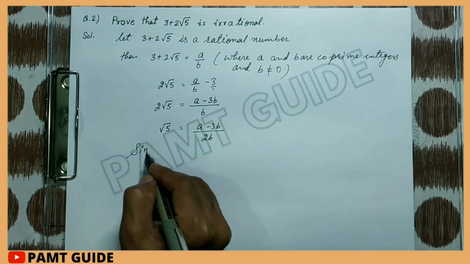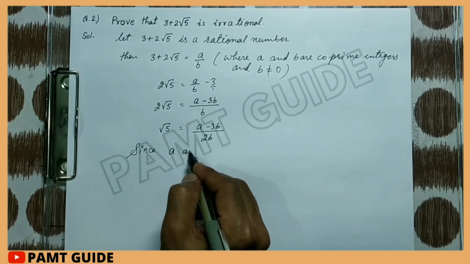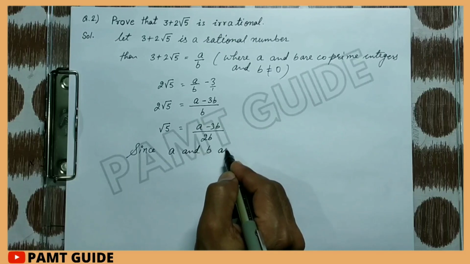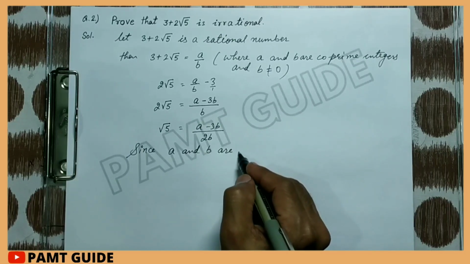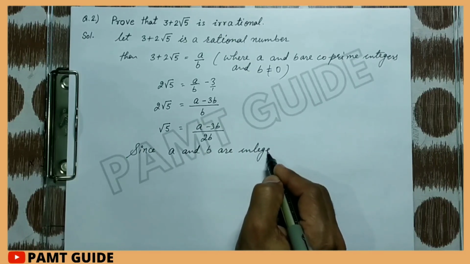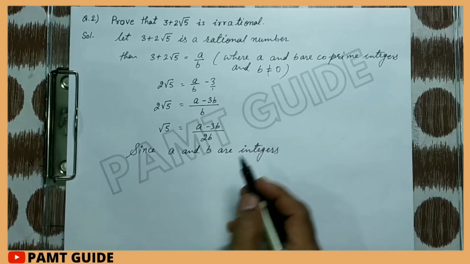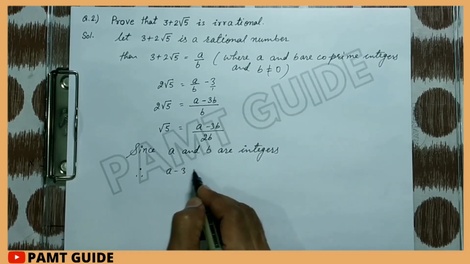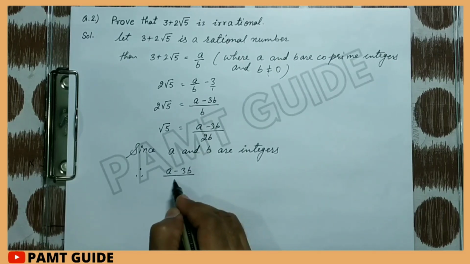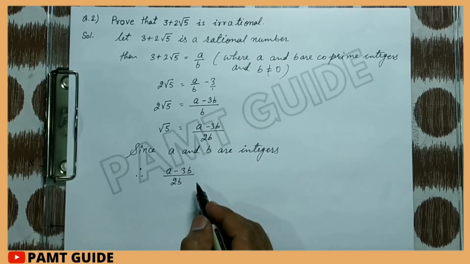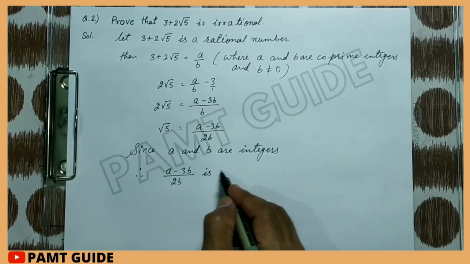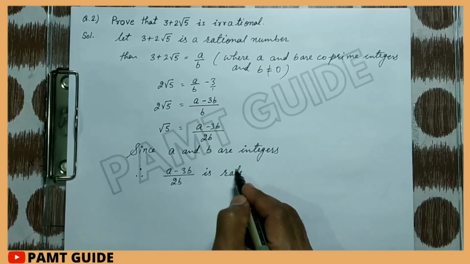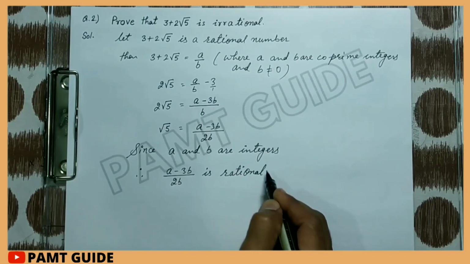Since a and b are integers, therefore a minus 3b upon 2b is rational.